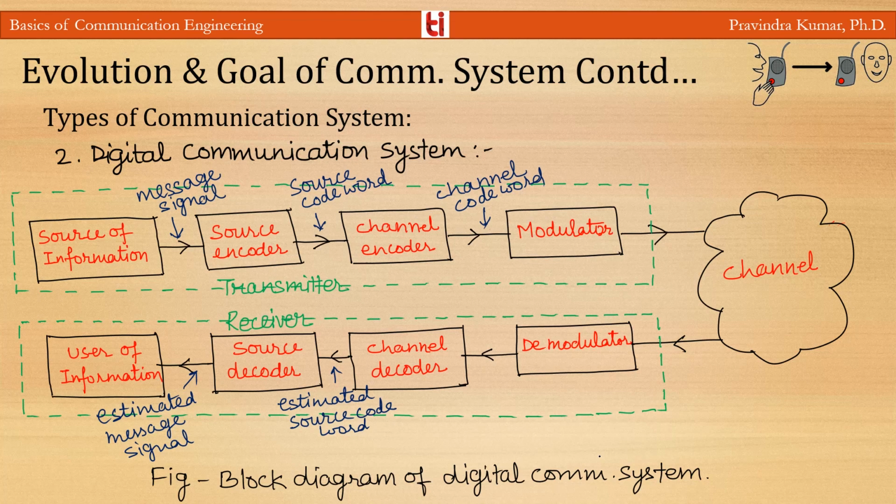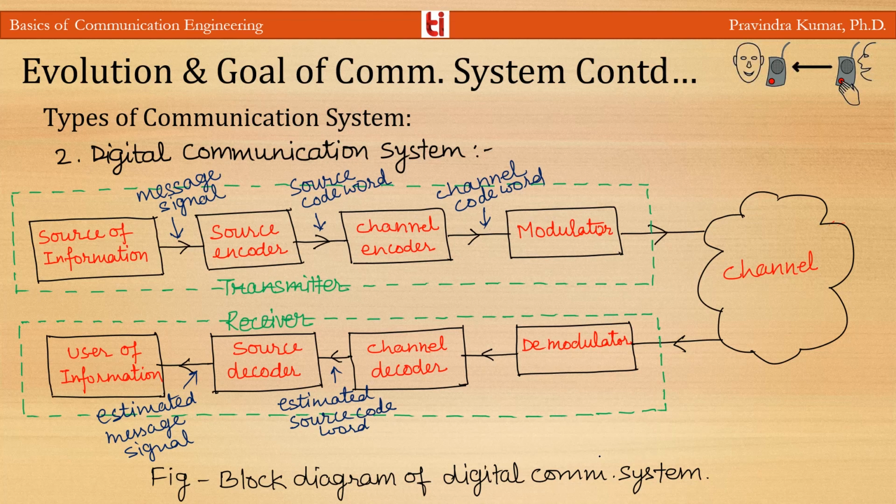It is also possible to change the sequence in which channel encoding and source encoding are performed. Channel and source encoding improve the system performance at the expense of increased circuit complexity. The modulator represents each symbol of the channel code word by the corresponding analog symbols or signal.